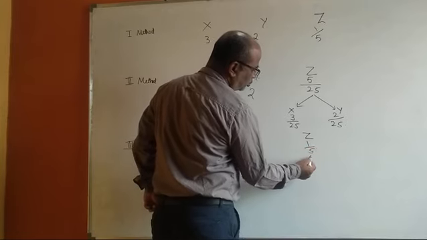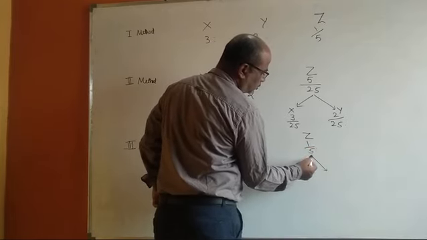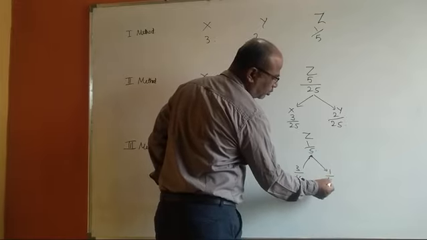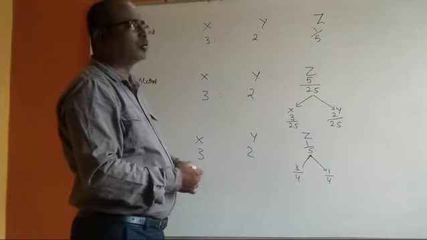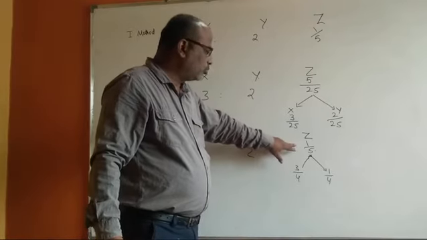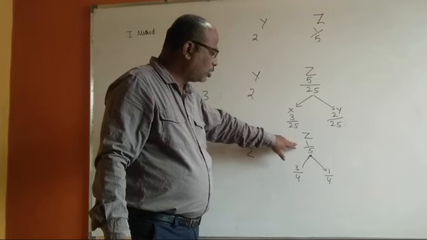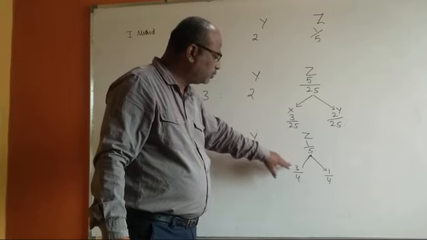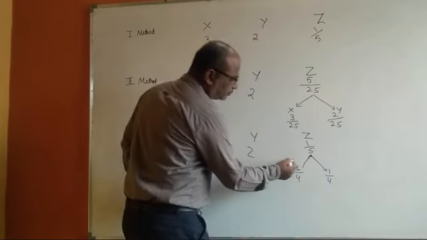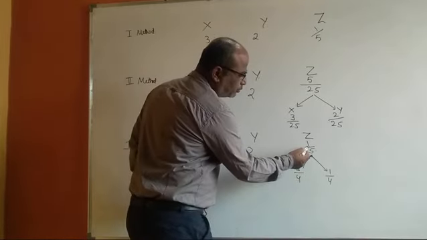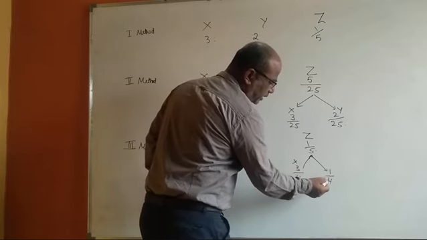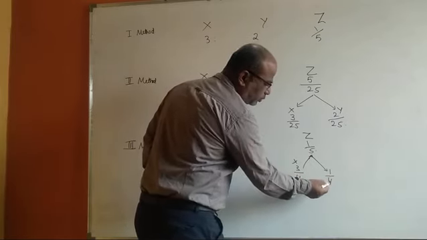So 3/4, then definitely this will be 1/4, because total will be how much? 1. So 1/5 is equal to 1. So out of 1/5, 3/4 of 1/5 is given by X. 3/4 of 1/5 should be given by X, and 1/4 remaining. If 3/4 goes, 1/4 remains.